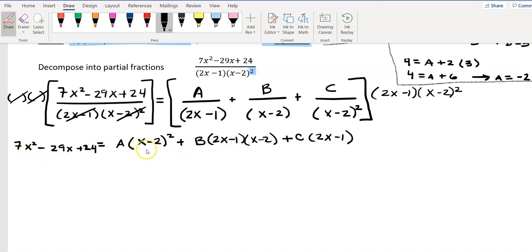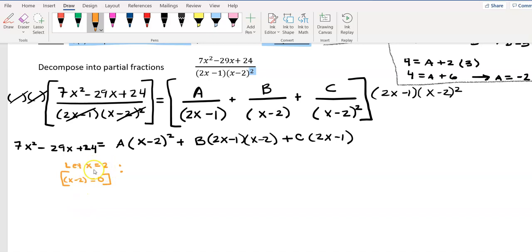The values that you choose are going to be x values that make your factors equal to 0. So looking at this first factor, x minus 2, the number that I would plug in to get this factor equal to 0 would be 2, because 2 minus 2 is 0.